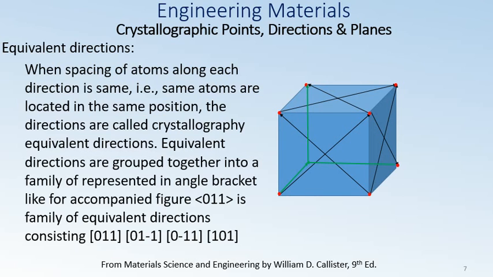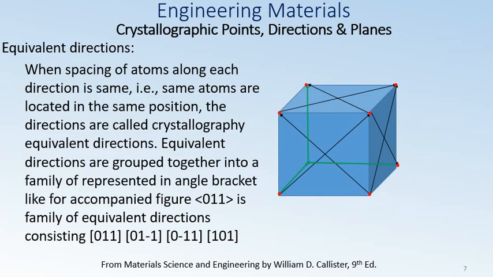So equivalent directions actually means that the spacing of atoms along each direction is the same, and it remains the same if you simply give it a turn. All the directions represented by direction vectors on the accompanying cubic crystal are equivalent, as shown in front of you in this figure.